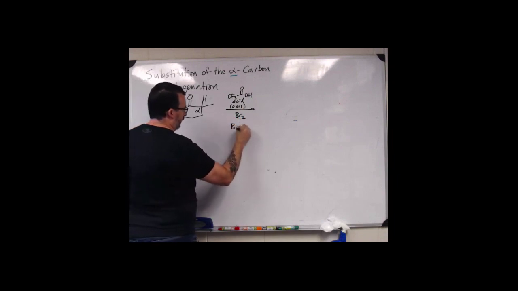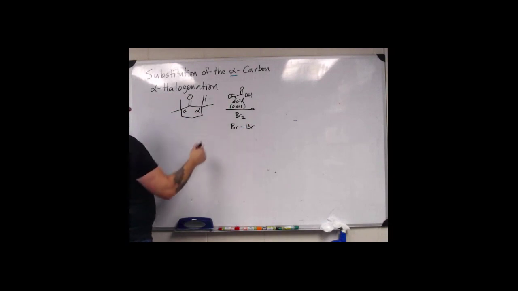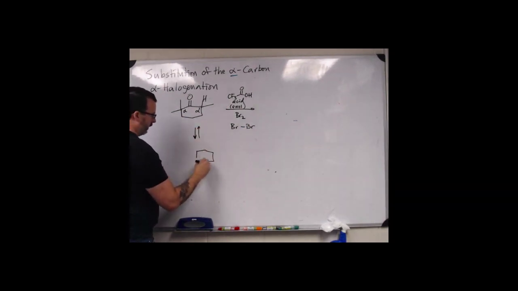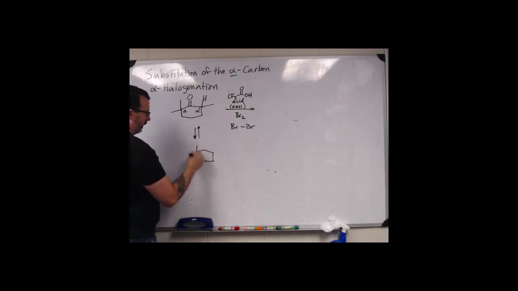So under acidic conditions, we are enolizing alpha prime here. So there's the enol.